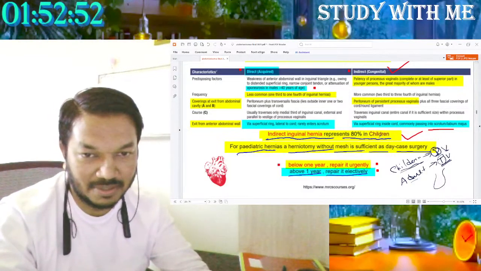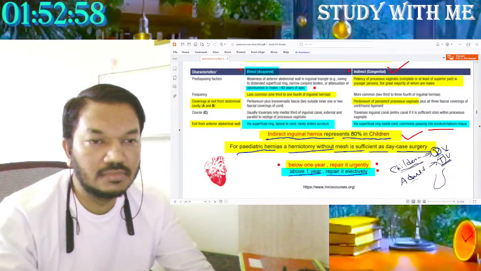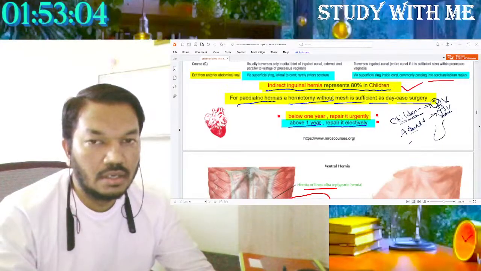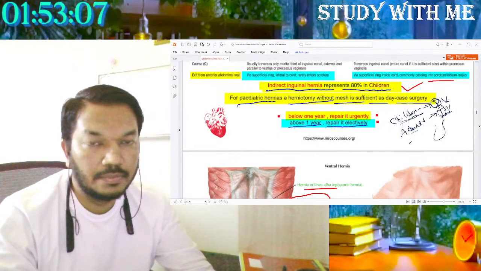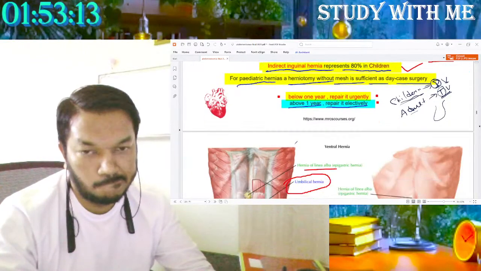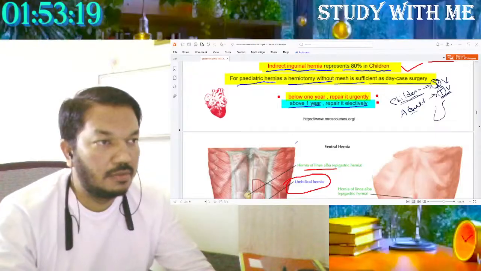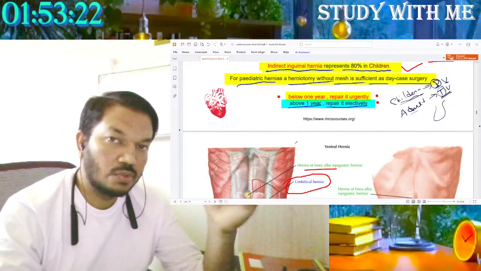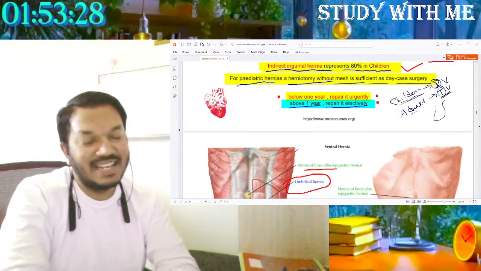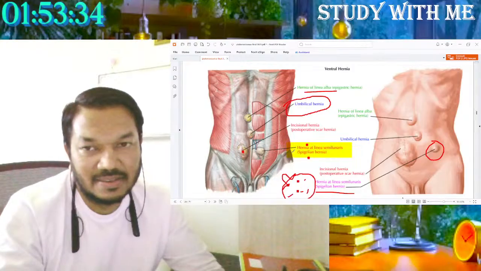This is my technique, my minimum, because there is no need of any mesh for the child. Mesh is a support like the aponeurosis. Mesh is artificial aponeurosis. Okay.